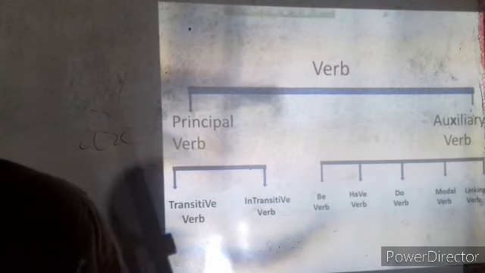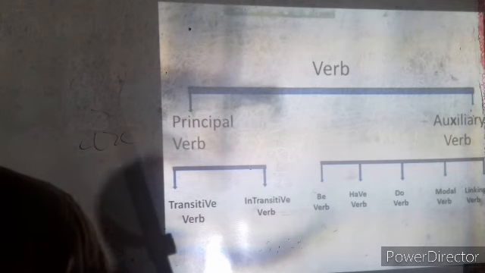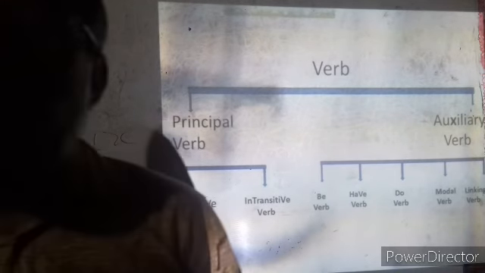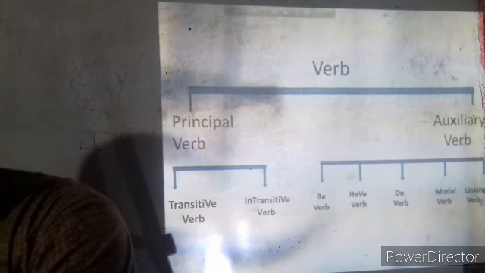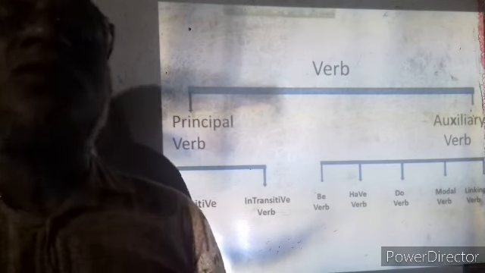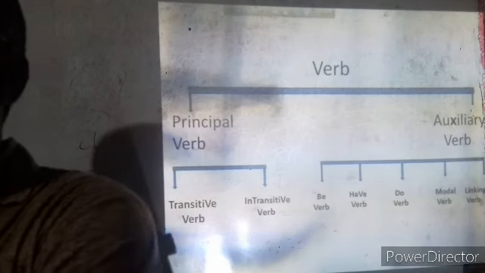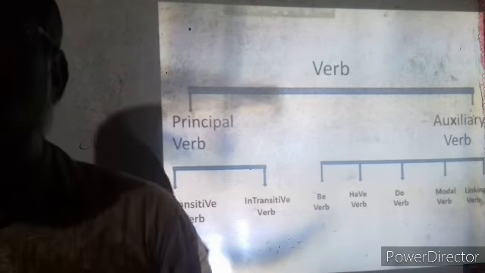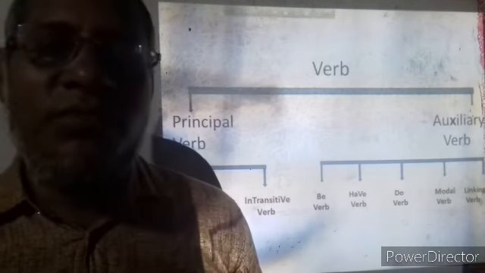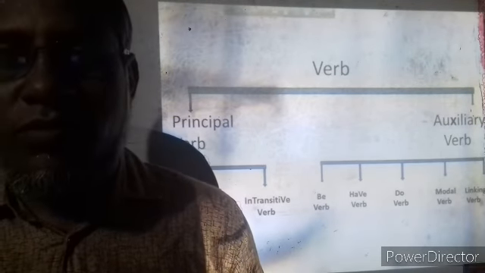Here we know am is auxiliary verb, but in this sentence there is no main verb or principal verb. Am acts as main verb. So in this sentence, am is linking verb.